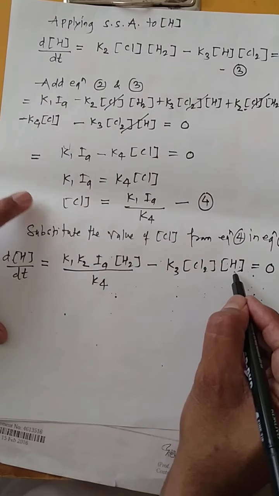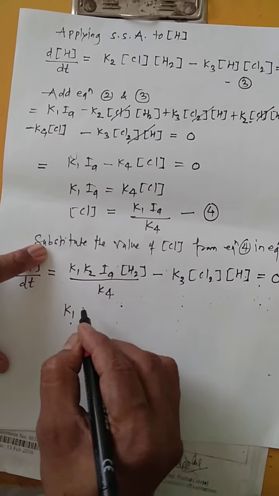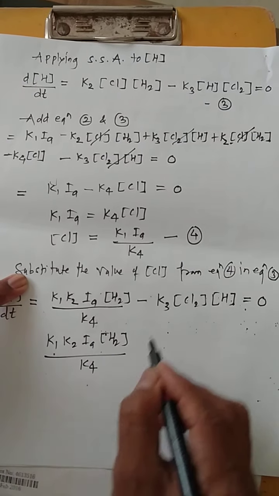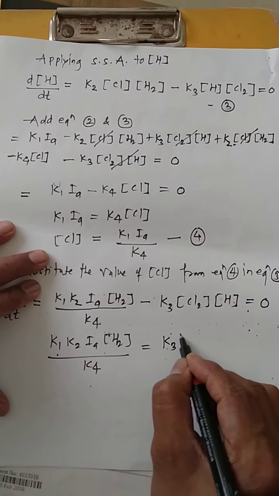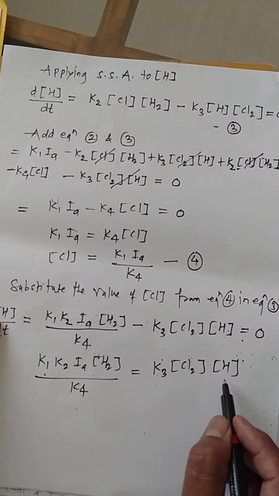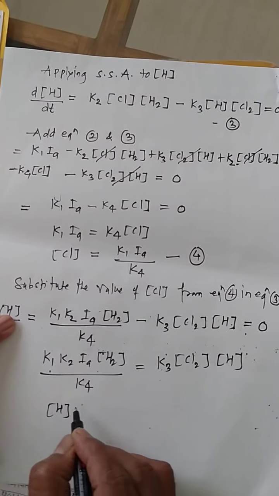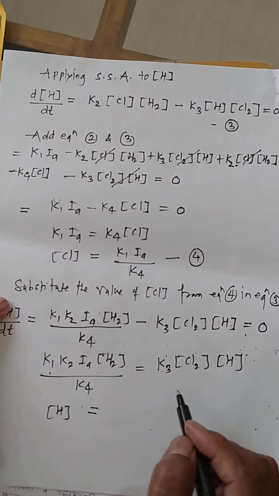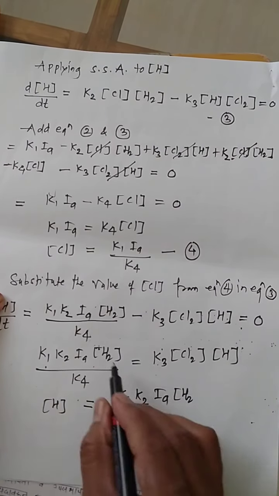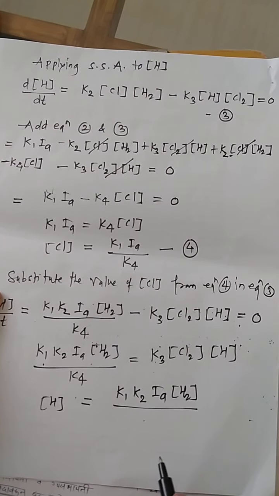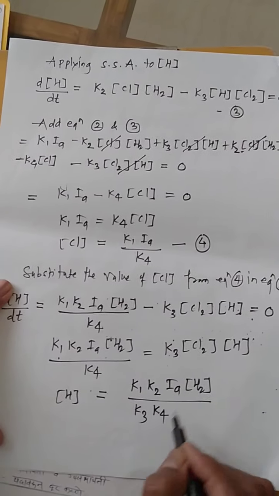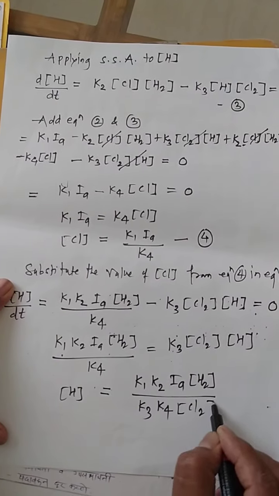Now we have to determine the value of concentration of H here. Then K1, K2 intensity absorbed concentration of H2 upon K4, taking the minus term to the other side, is equal to K3 concentration of Cl2 into concentration of H. Then concentration of H is equal to K1, K2 intensity absorbed into H2 upon K3, K4 into concentration of Cl2.